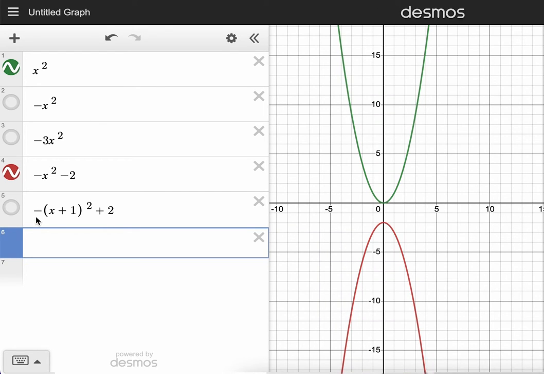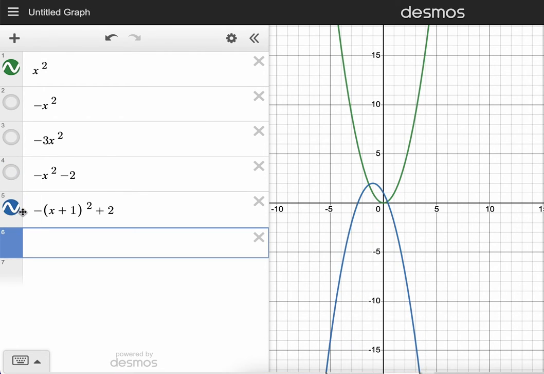Okay, the graph for y equals the negative value of the quantity of x plus 1 squared plus 2. It is opening downwards because of that negative. Because of the plus 2 at the end, it's going up 2 units on the y-axis.